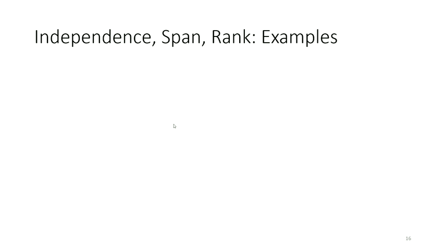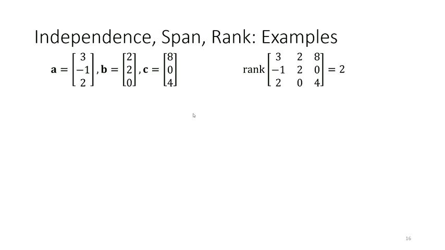Okay, independence, span, and rank, another example. So I take A, B, and C as three vectors in 3 dimensions, and I stack them up together. These are A, B, and C. The rank of this matrix is actually 2.